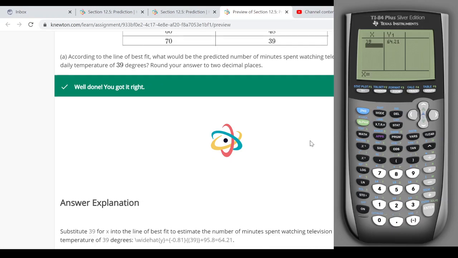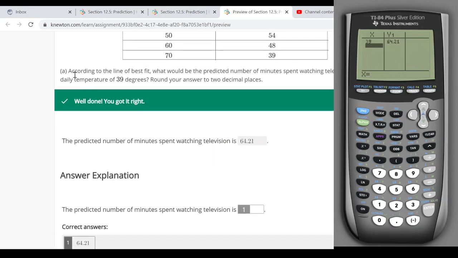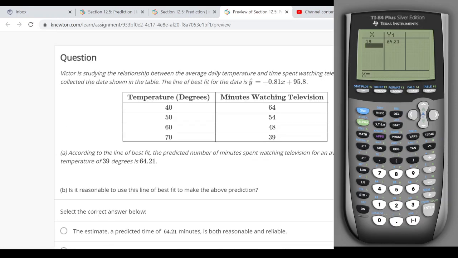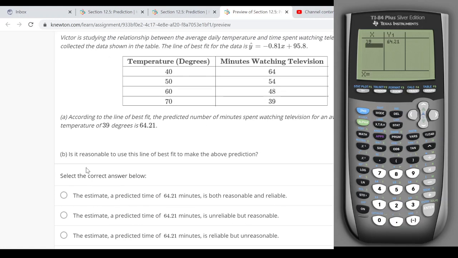So great, wonderful. Now notice it said that was part A, so I'm assuming there's going to be more to this. And there is, right? Part B. Is it reasonable to use this line of best fit to make the above prediction?